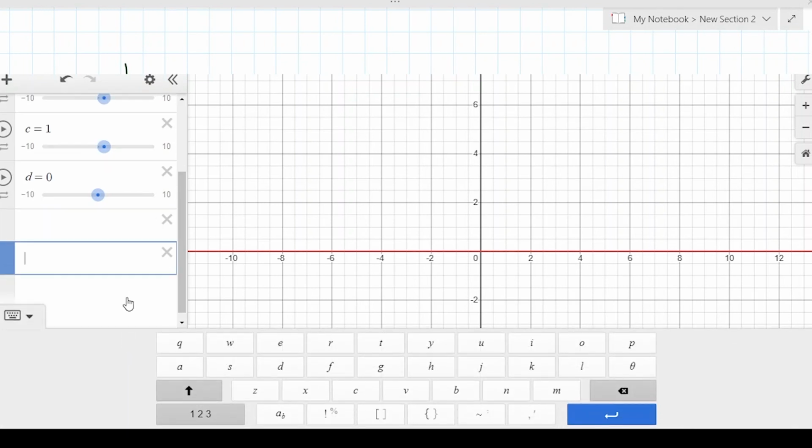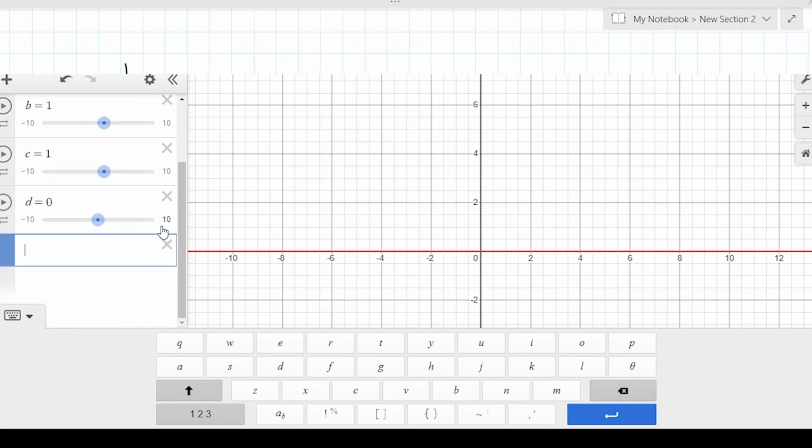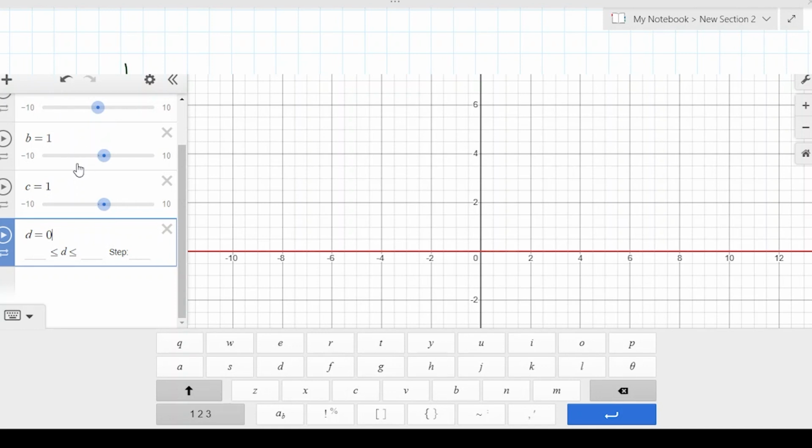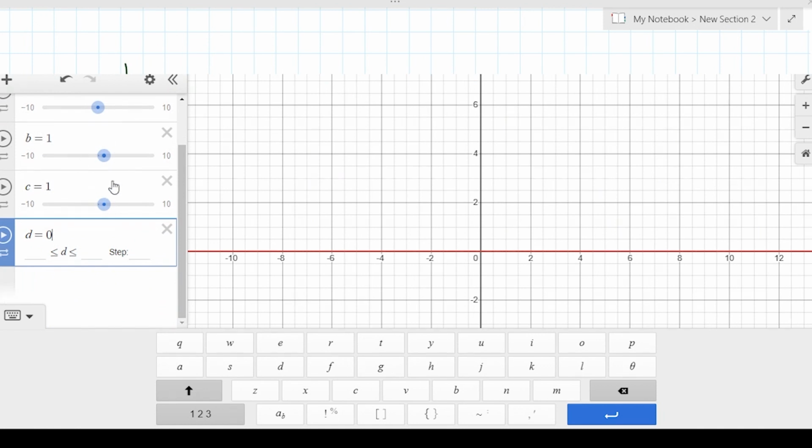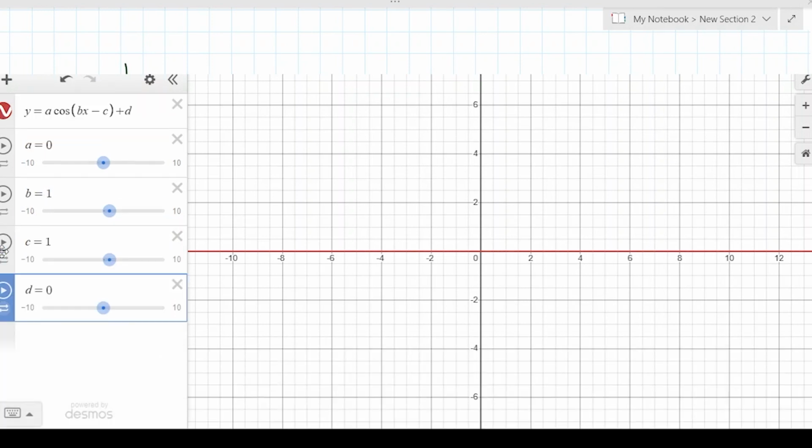Okay, how can we see its amplitude? Now let's change the value of A, then you will observe that it will change to a curve.